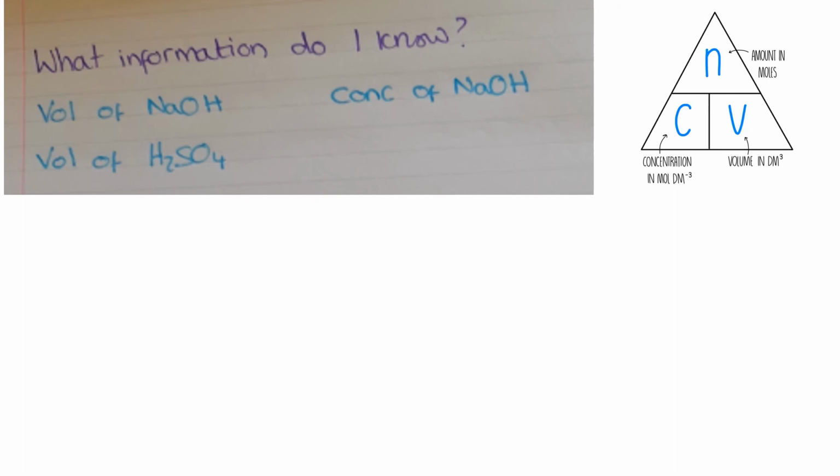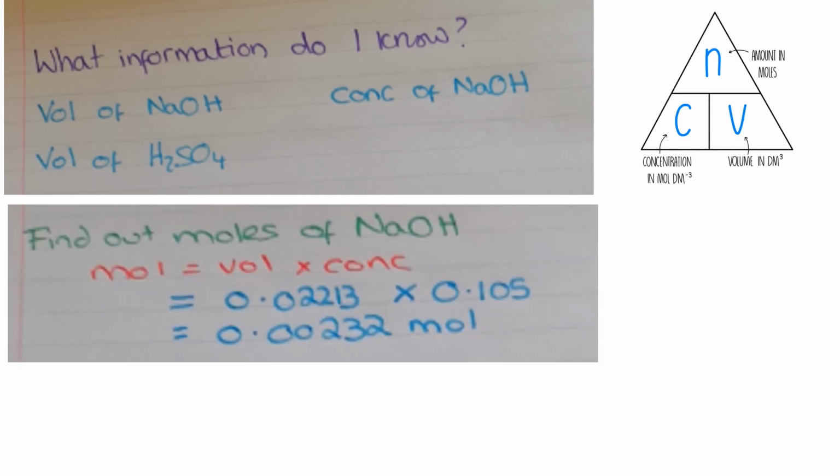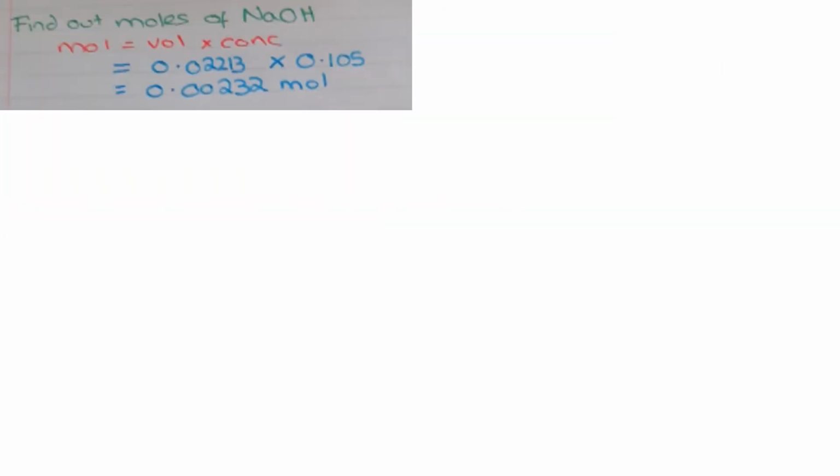Now, not everyone likes the table method, but it's a similar thought process. You can just lay it out differently. So it's always good to look at your question, maybe use a highlighter to say, what do I know? So we know the volume of sodium hydroxide, we know the concentration of it, and we know the volume of sulfuric acid. So first step, I'm going to find out the moles of sodium hydroxide, so times the volume by the concentration.